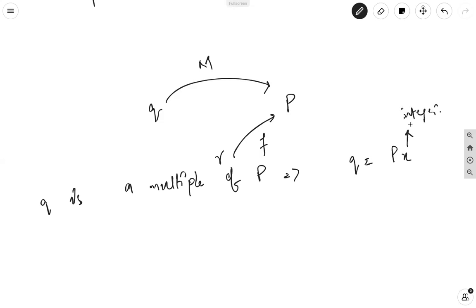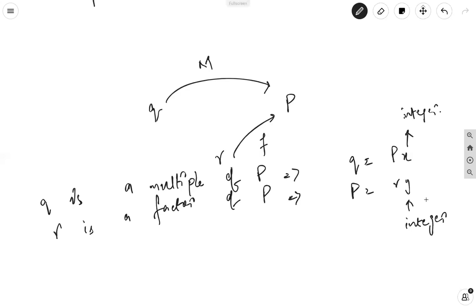Yes. And R is a factor of P, so can we write this as P is equal to R into y, where y is an integer? Yes or no? Yes. Now try to use these in solving.